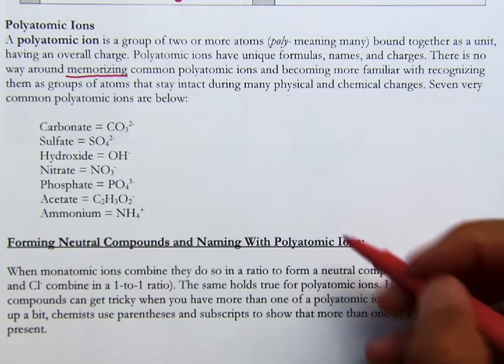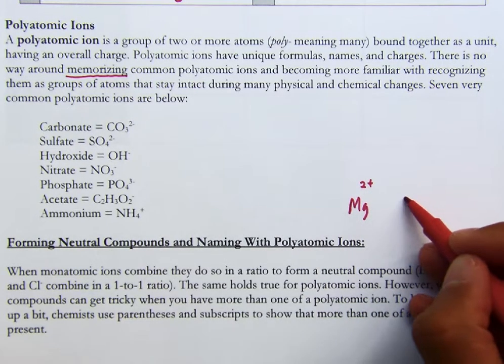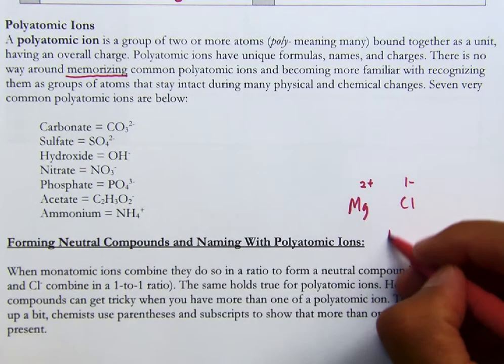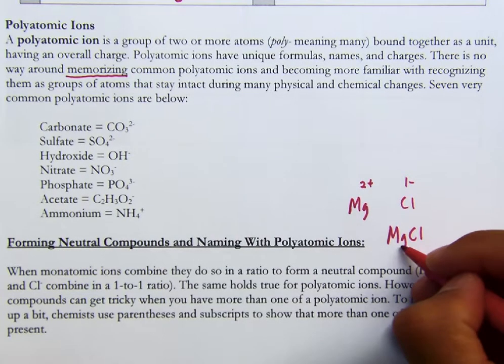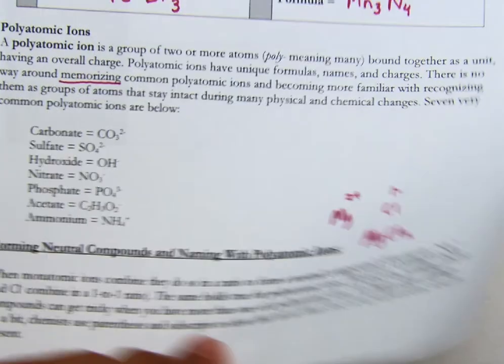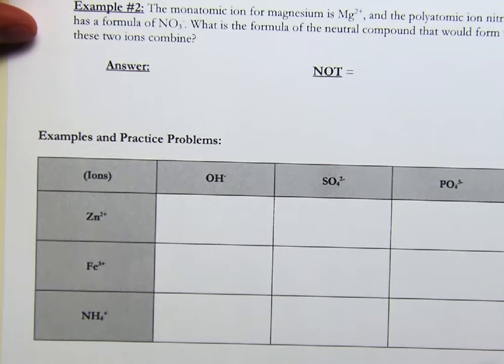So like if you had Mg, which is +2, and you have chloride, which is -1, you would just say, okay, well, it's not MgCl, it's MgCl2, right? If you need more than one of this chloride, you just put a little 2 here. But it gets weirder with a polyatomic ion because the subscripts can sort of get in the way of each other. So let's look at naming and forming neutral compounds with them.